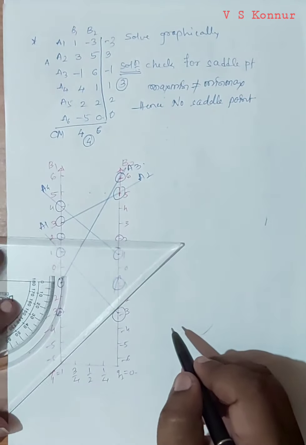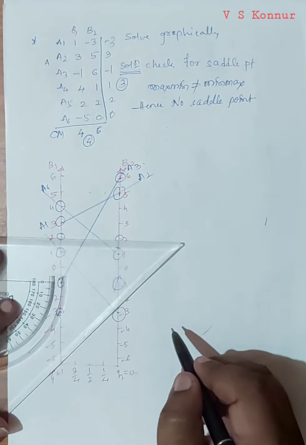Now we will write the probability. SA is equal to A2, A4, 3 by 5, 2 by 5. SB is equal to B1, B2, Q1, Q2. So Q1 is equal to 4 by 5, Q2 is equal to 1 by 5.